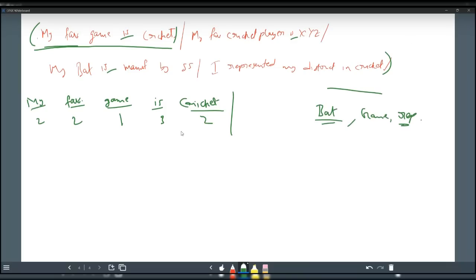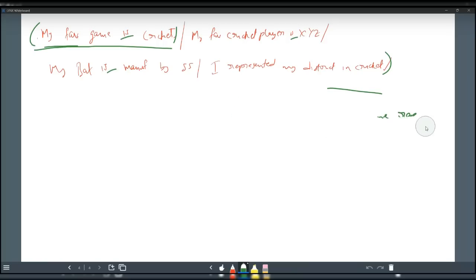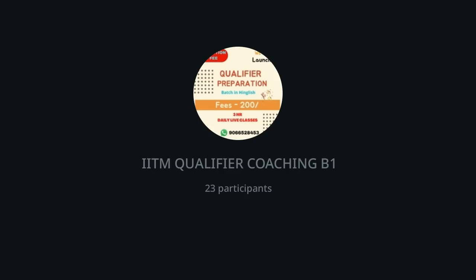So let us say we do not have this particular technique of maintaining counters and increments.